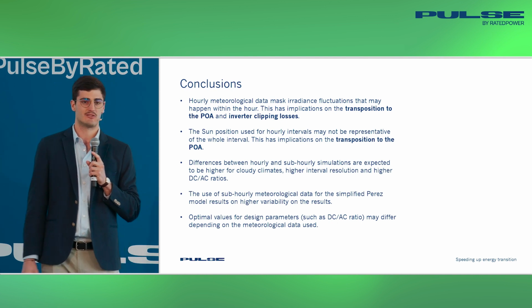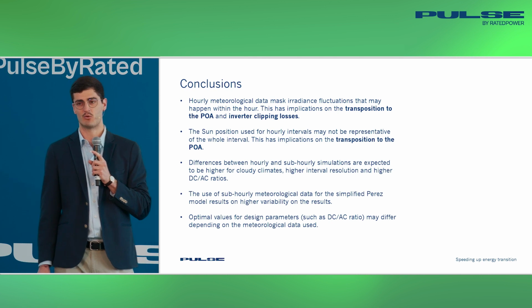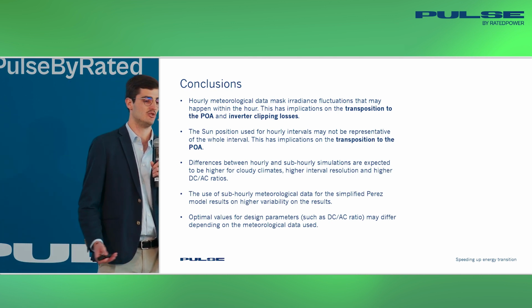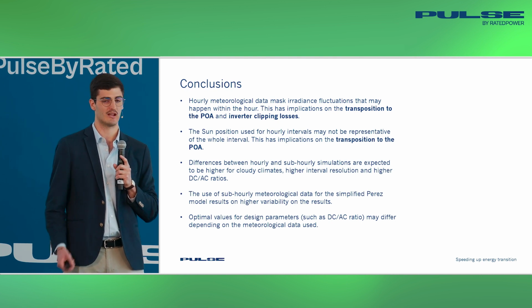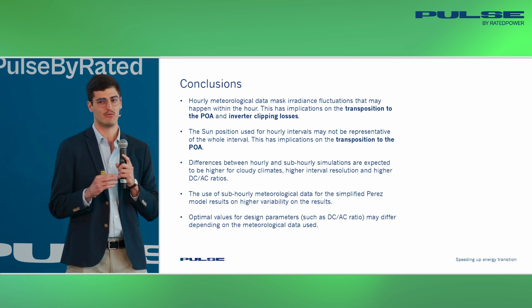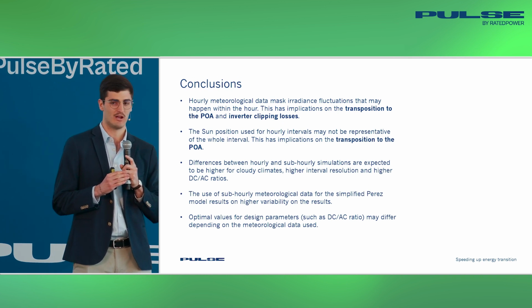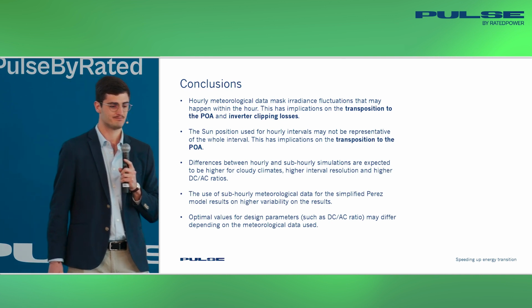And finally, this may also affect some design parameters that we use for designing the PV plant. For example, for the DC-AC ratio, when getting the optimal value, we may get a different value if we do that evaluation with hourly or sub-hourly meteorological data.